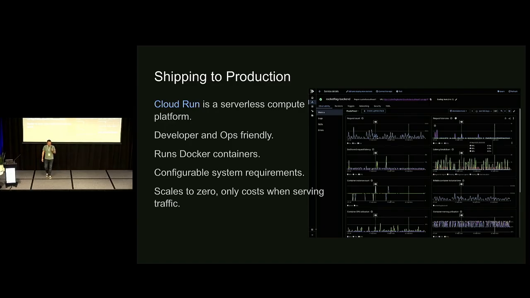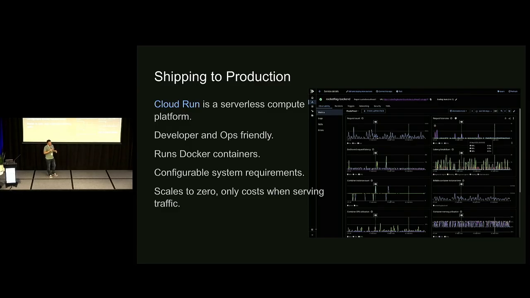So if your Cloud Run service can serve a HTTP request in, let's say, 300 milliseconds or something, you only pay for 300 milliseconds of use. Google will keep your container warm for a little while. So if no one's using it for an hour or so, it will go cold and it needs to boot up again.